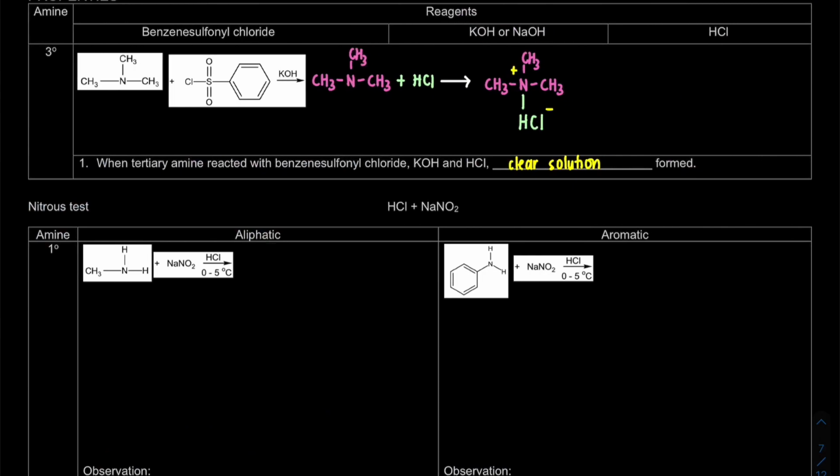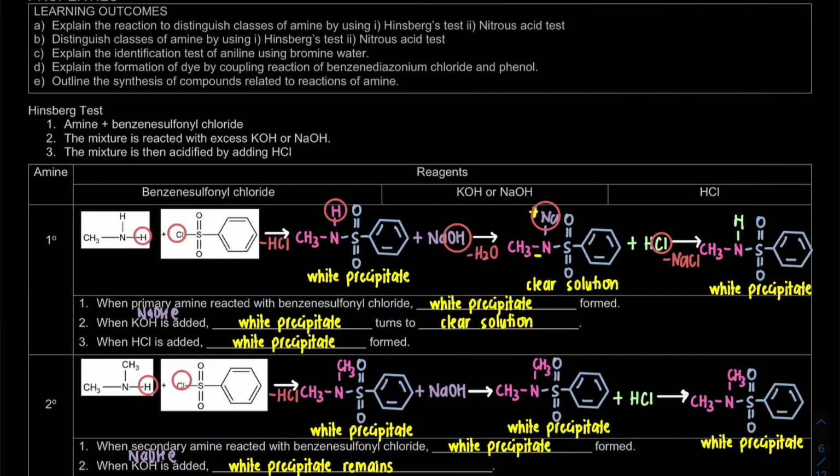But this one is all at once, because mostly there's no reaction with the first two. Actually, it is when it reacts with HCl that we form a clear solution. So we can label this as our clear solution. So that is the chemical test, or the Hinsberg test, for the classes of amine. So that is it for this video.